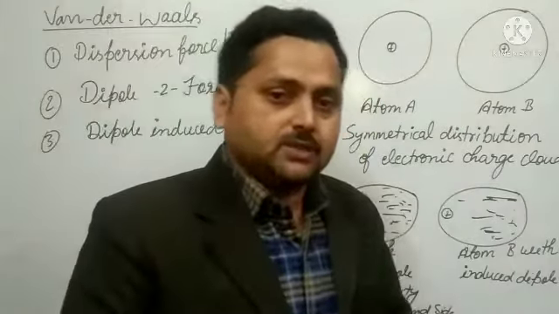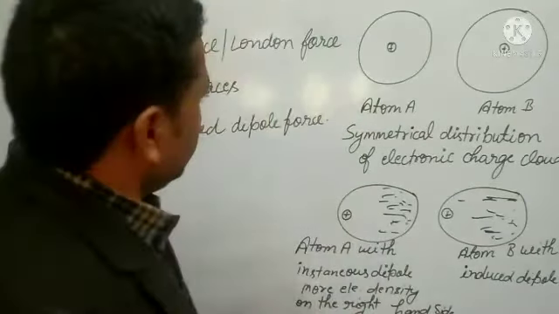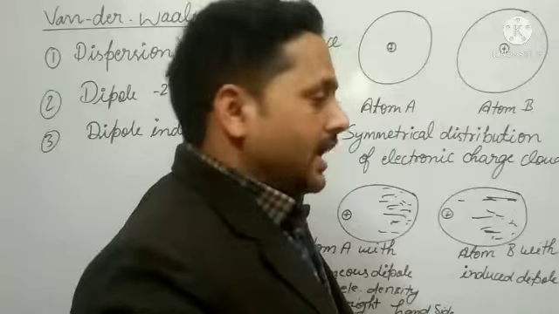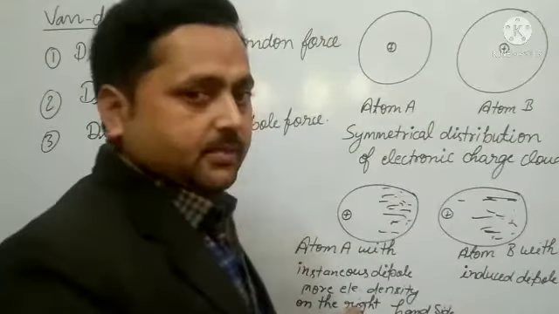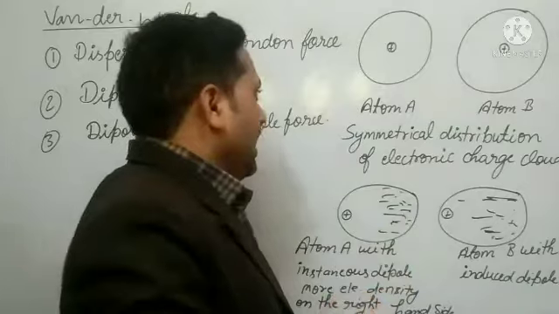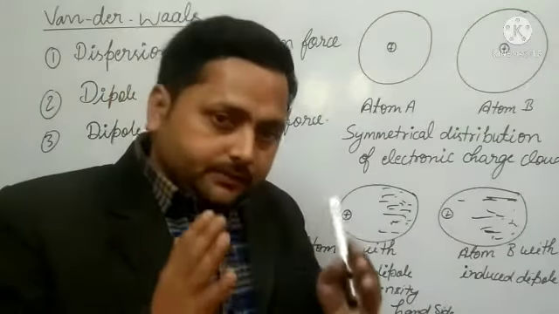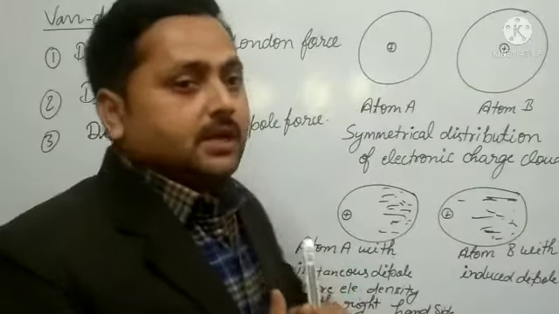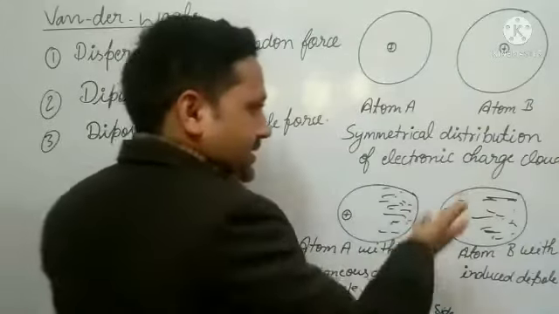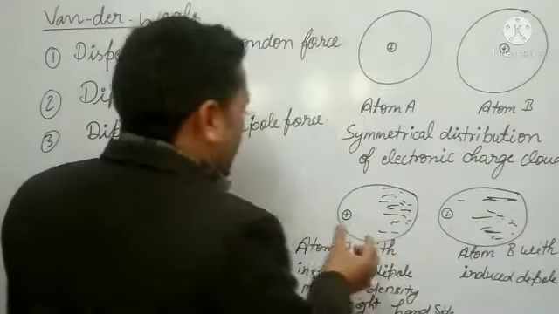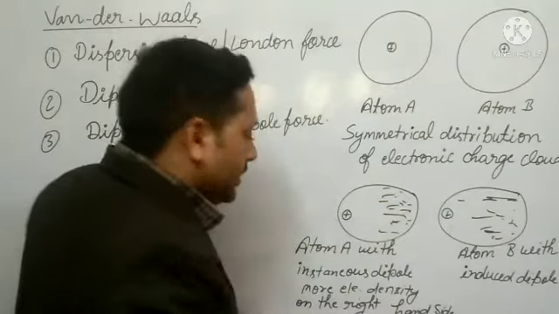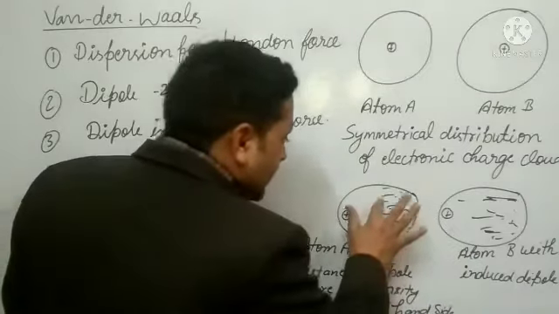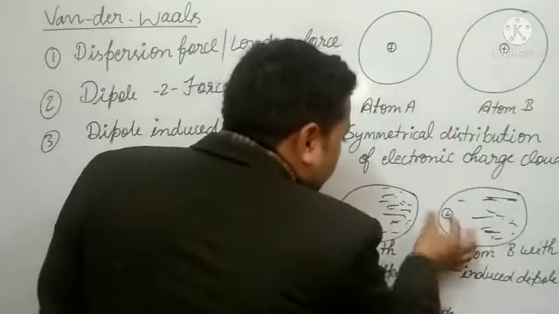One more time, let us see, students: these two, A and B, are symmetrical atoms, meaning electrons are distributed uniformly around the nucleus. Suddenly the electron cloud of one atom moves to either side. Here we observed the electron moving to the right side, so it produces a dipole in the molecule. Due to this dipole, it attracts the nucleus of the other atom toward this side.